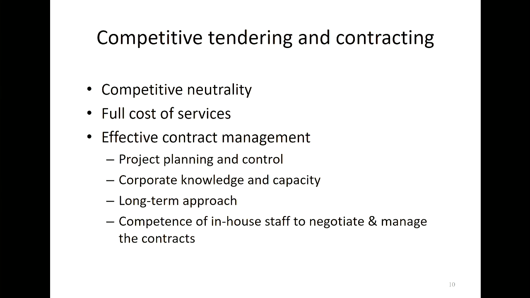The argument is that governments do not really have a comparative advantage in providing government business compared to the private sector. So in order for governments to compete with the private sector when they marketize, they have to introduce this competitive neutrality principle in order to encourage fair competition in providing the government services.